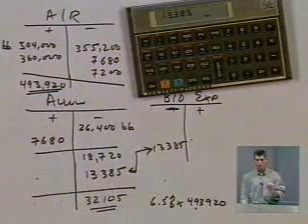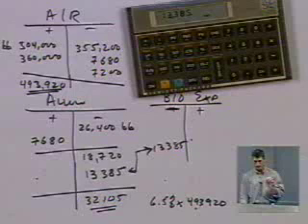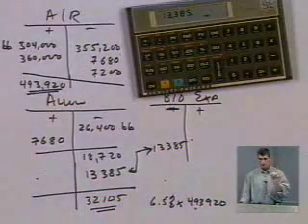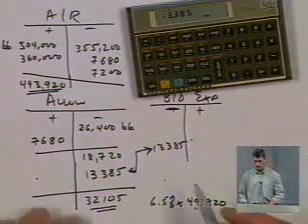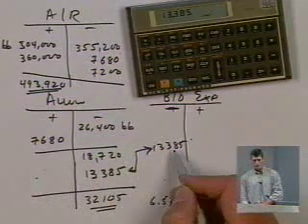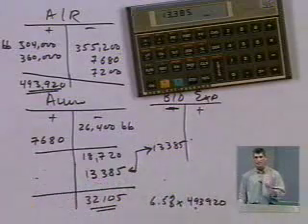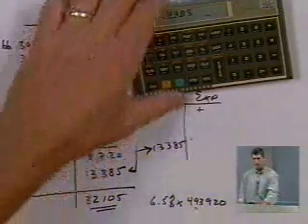And that is the answer to question number 1. And the question was what? What is the entry that the firm would make? The entry is debit bad debt expense, 13,385, credit the allowance account, 13,385, and it would be made as an adjustment at year end.